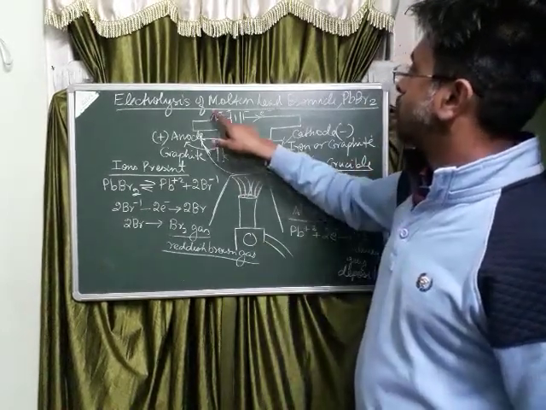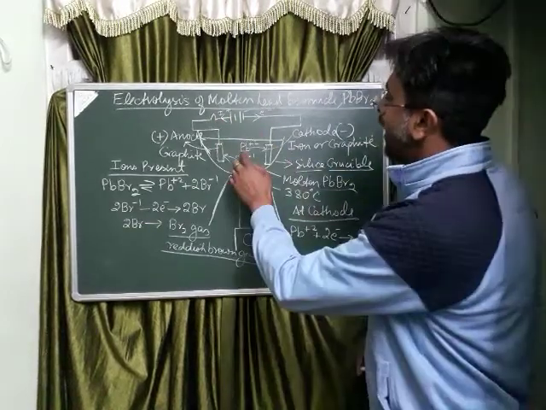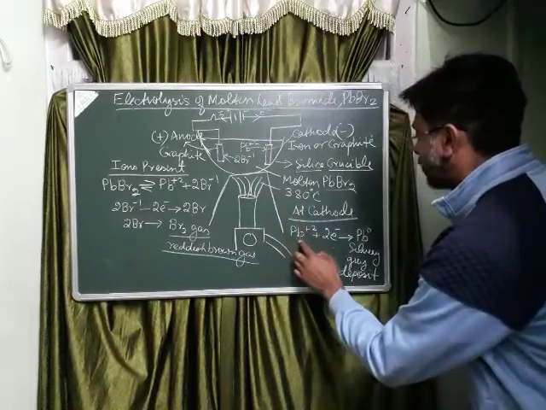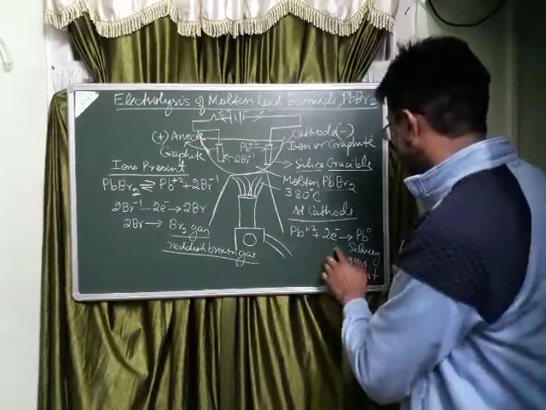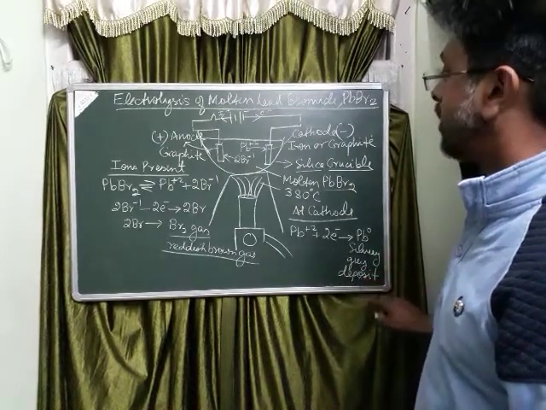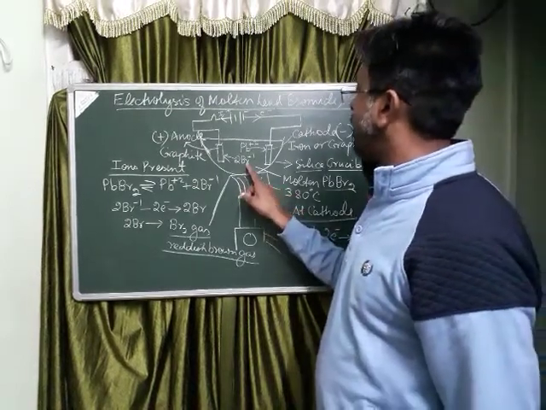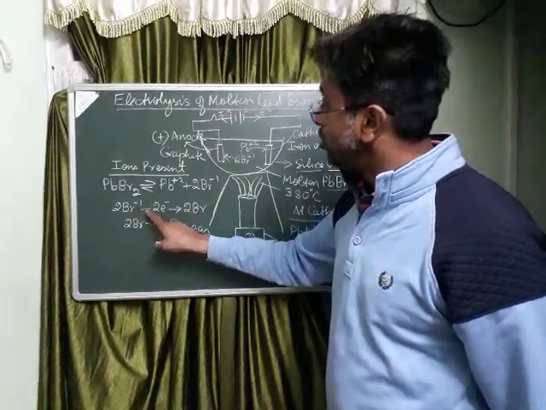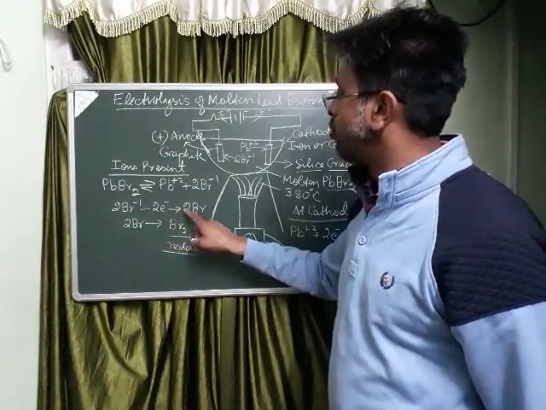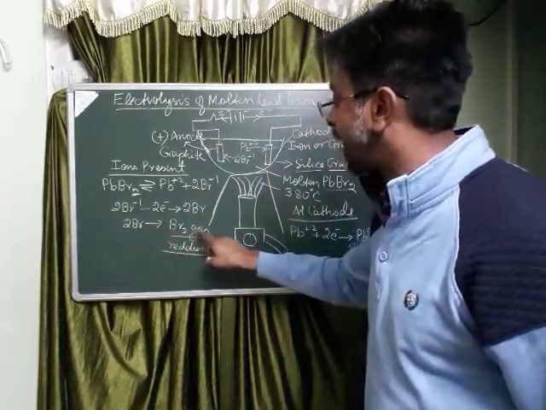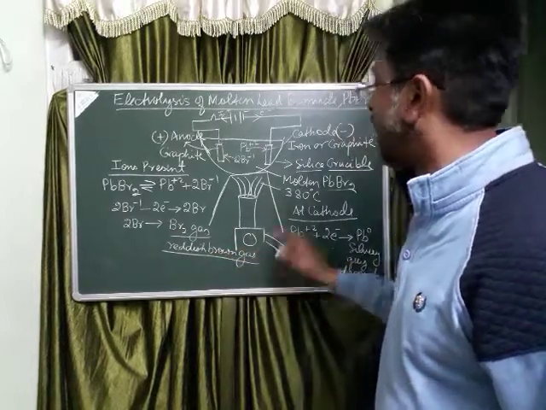Now when the switch is put on, the lead ions go to the cathode. They discharge there by taking up two electrons to form lead metal, which is a silvery grey deposit. The two bromide ions go to the anode. They lose altogether two electrons to form two bromine atoms, which recombine to form bromine gas, which is reddish brown colored gas.